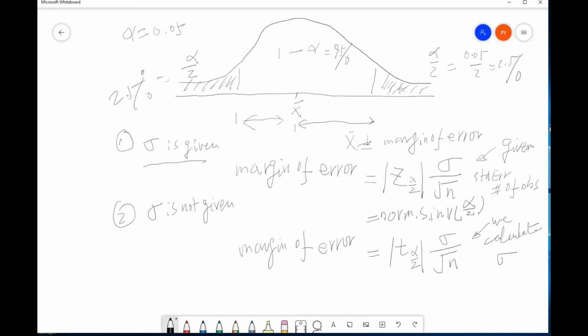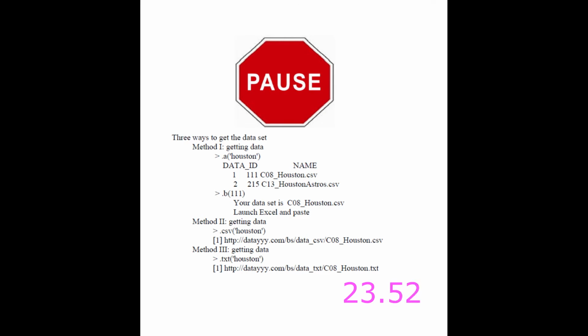Later I'm going to use data to calculate the margin of error. Again, the mean plus minus margin of error will be our lower limit and upper limit. Between these two limits, we have the 1 minus alpha confidence interval.